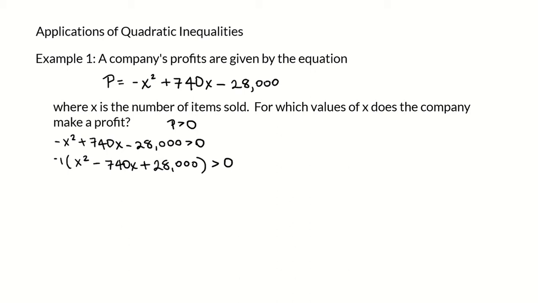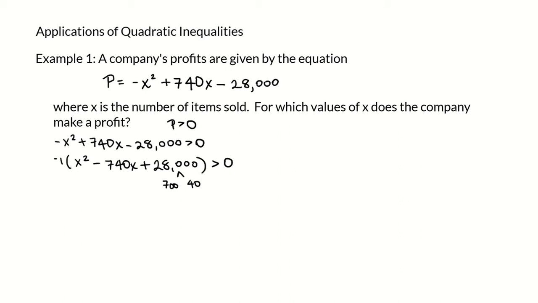And now let's factor this quadratic equation. So we're looking for two numbers that multiply to 28,000 but that add to negative 740. You could list through many possibilities of numbers that multiply to 28,000. It has many factors, but since I see this 7 and this 4, that's a hint that perhaps the two factors are 700 and 40.